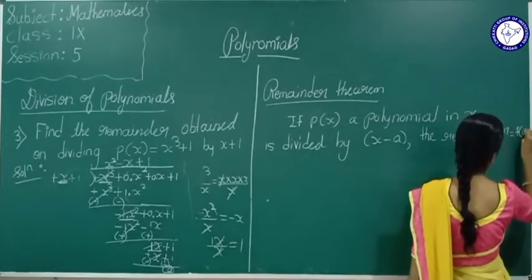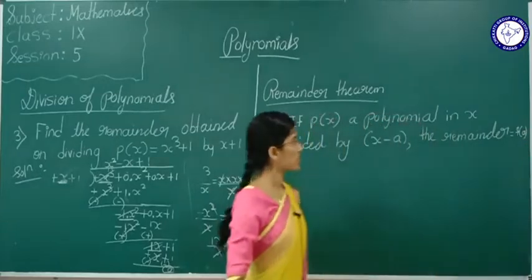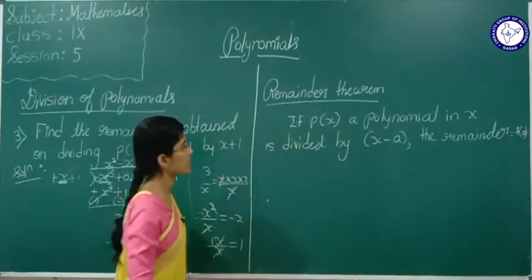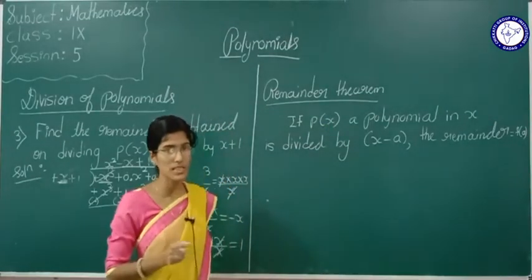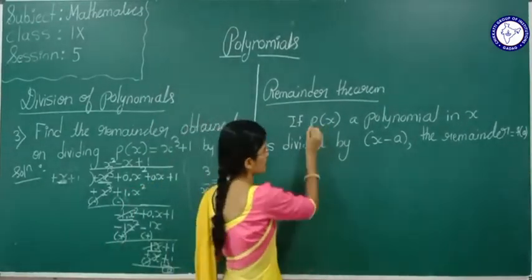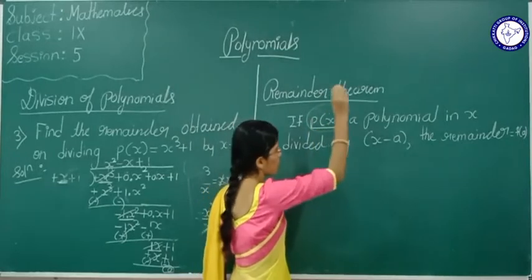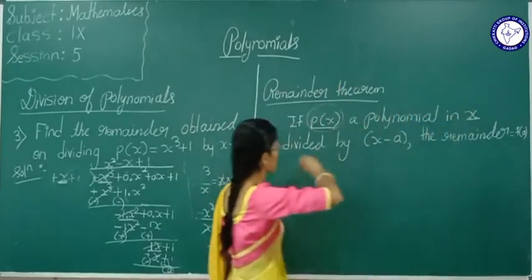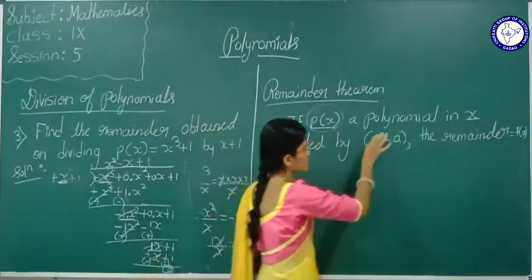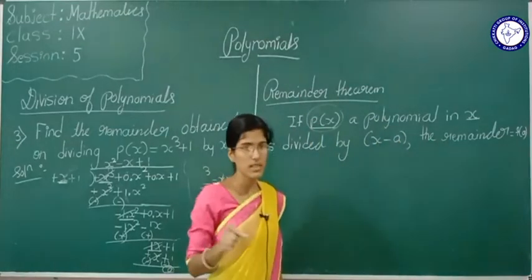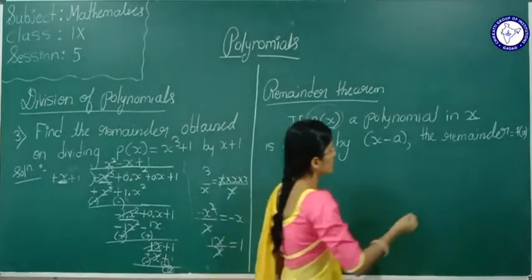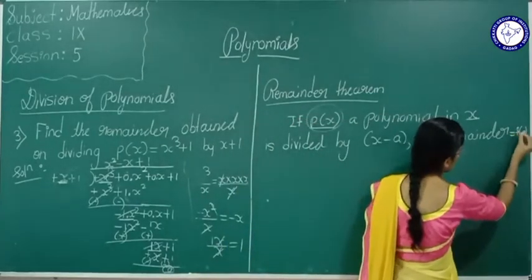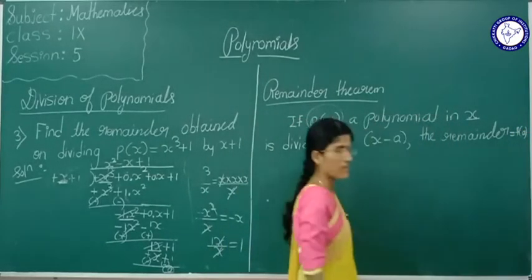f of a. Now see students, what this remainder theorem is telling: if one polynomial is there in variable x, and it is divided by x minus a, the remainder is nothing but f of a.